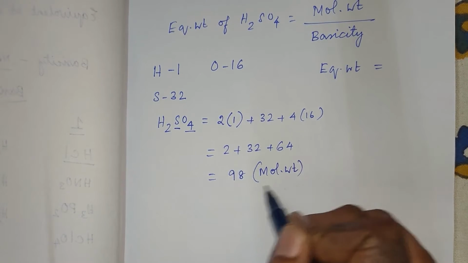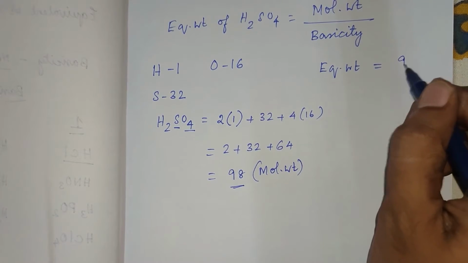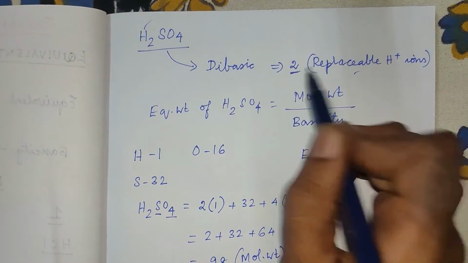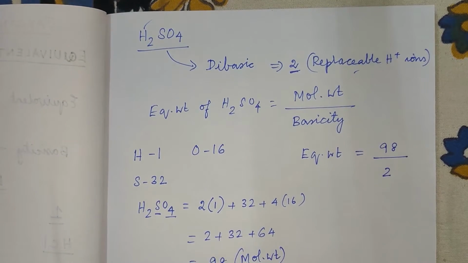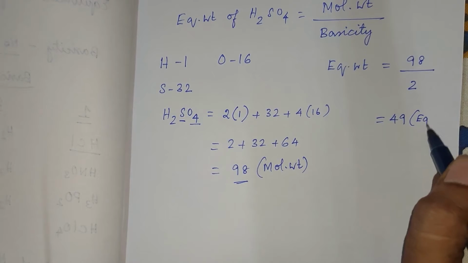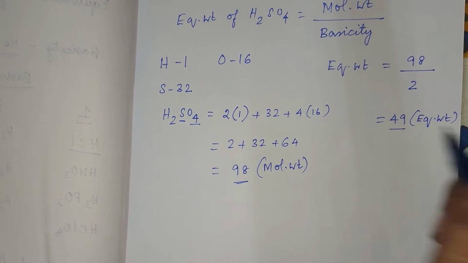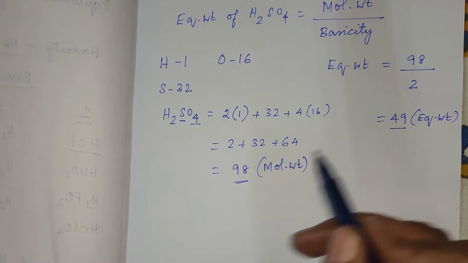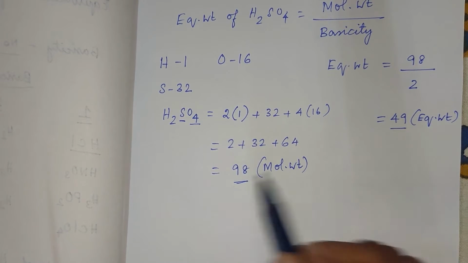We calculated the molecular weight as 98. So 98 divided by its basicity. Basicity is 2. So 98 divided by 2 is 49. So in this case, the equivalent weight of sulfuric acid is 49, whereas the molecular weight is 98. So in this case, molecular weight and equivalent weight are not the same.